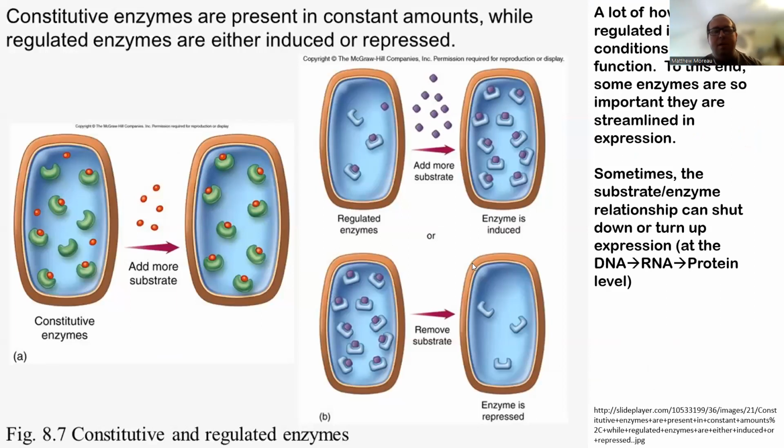All right, so enzymes, like I said before, you have two really different types of enzymes in the way that they are folded and active. There are constitutive enzymes. Constitutive enzymes are enzymes that are basically always on, and the amount of enzyme you produce and the amount of activity those enzymes have never change, right?